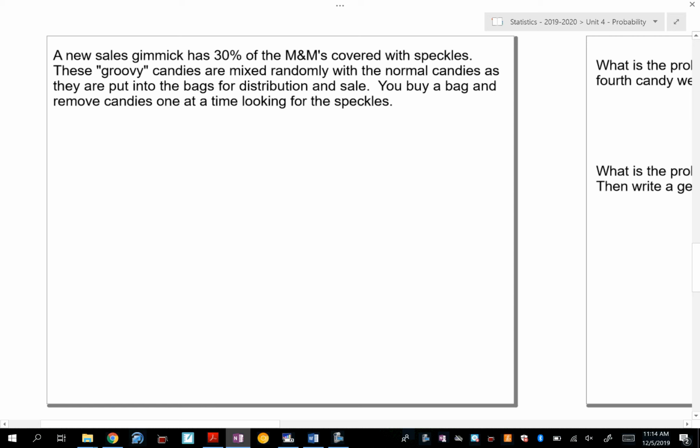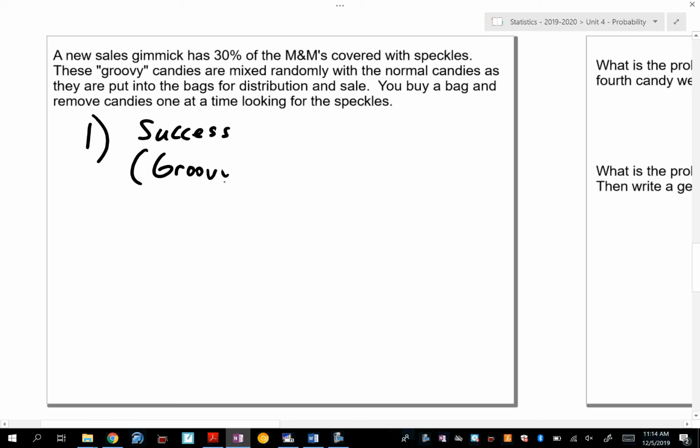Okay, so number one, what's the first thing I have to check for Bernoulli trials? Two outcomes, success and failure. What's a success in this example? I reach in the bag and I pull out what candy?